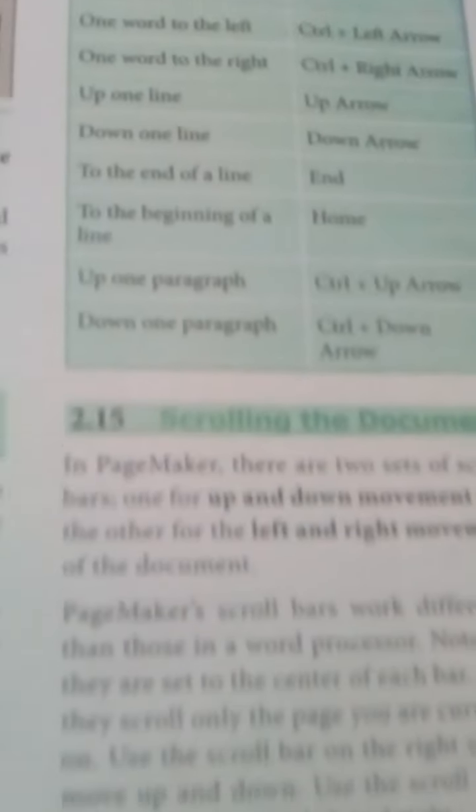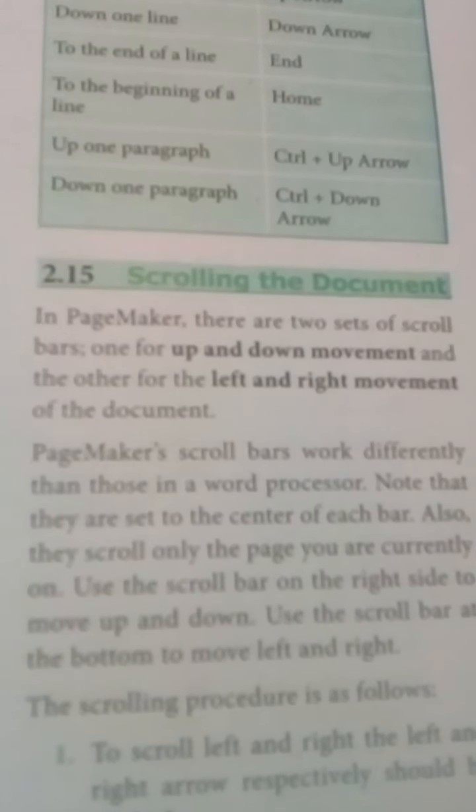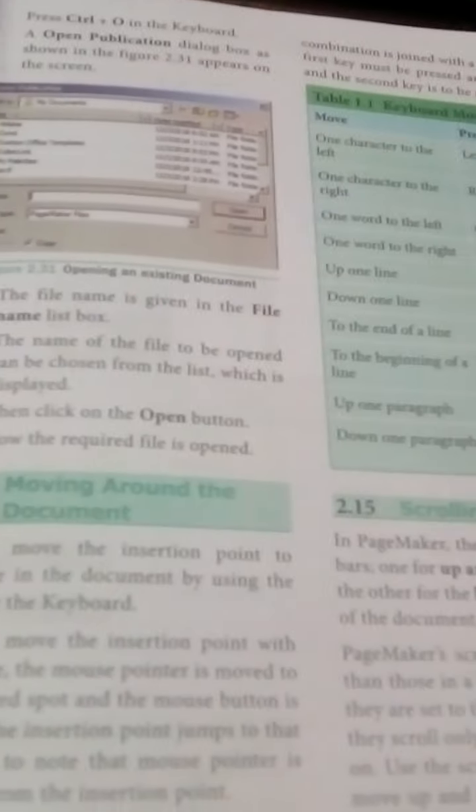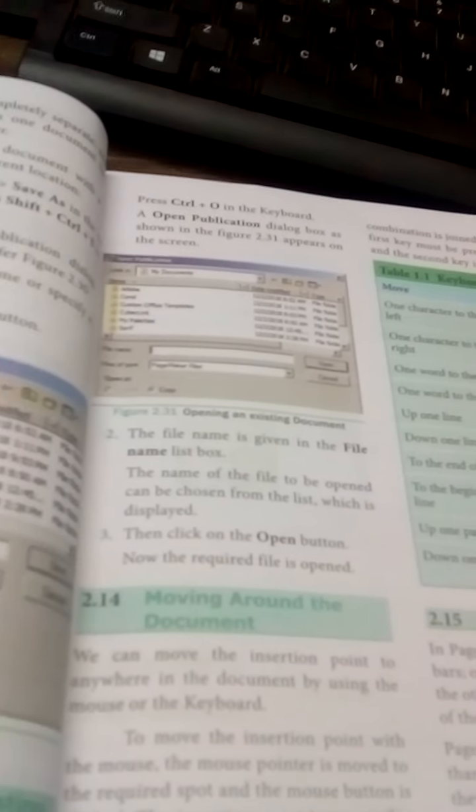Now see scrolling the document. For scrolling the document we use up and down movements, and left and right movements. See here, this is the scrolling document. This is left and right.